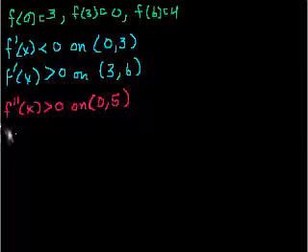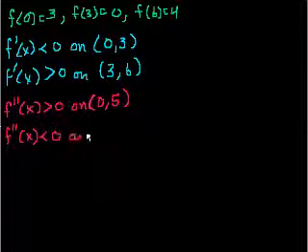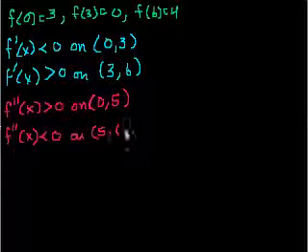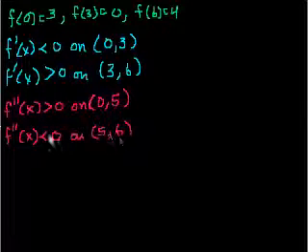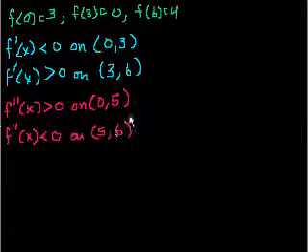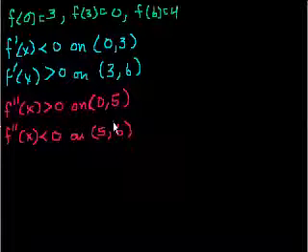And they also tell us that the second derivative is less than 0, so it's concave downwards on the open interval from 5 to 6. They don't give us any information about what happens after 6. Maybe it goes to an inflection point. We don't know. So maybe we'll just assume that it doesn't change.